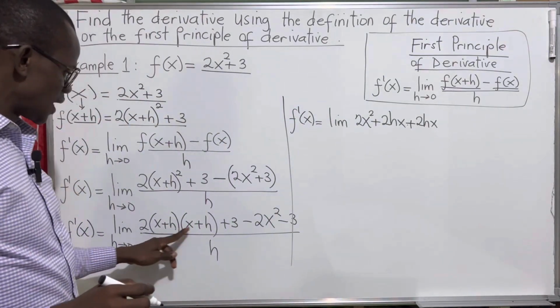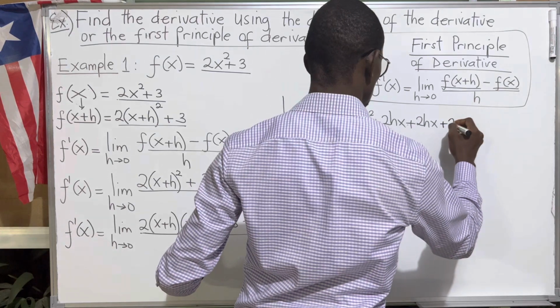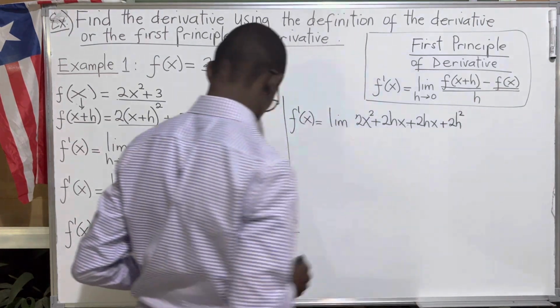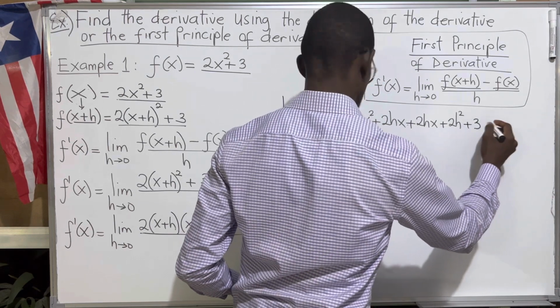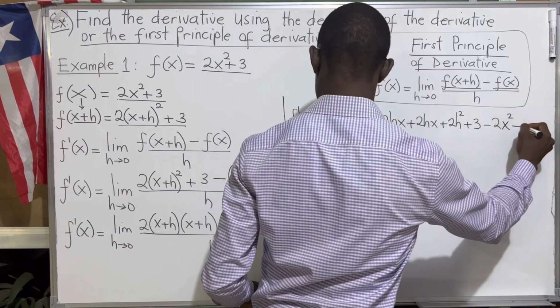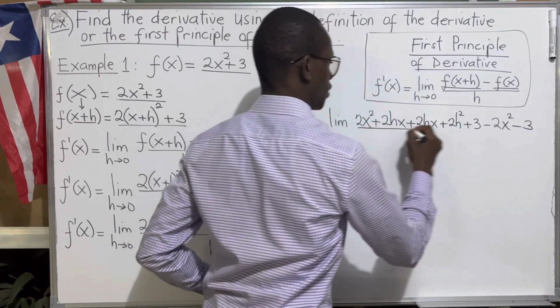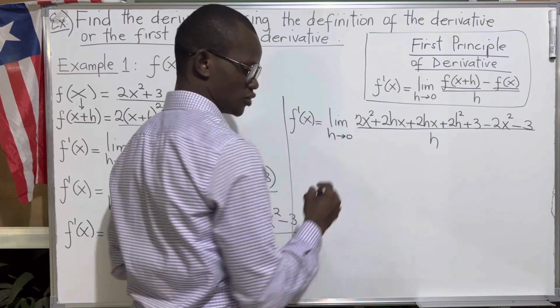And then h times h now is h squared times the 2 is 2h squared. Plus 3 minus 2x squared minus 3. All divided by h as h is approaching 0.